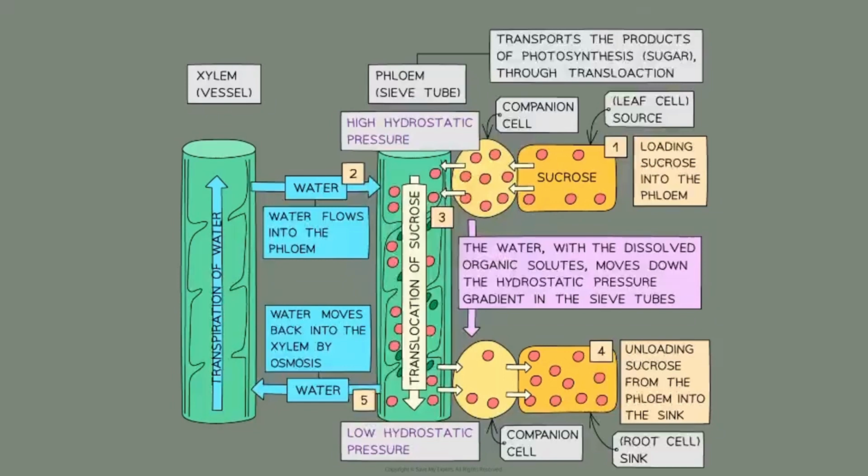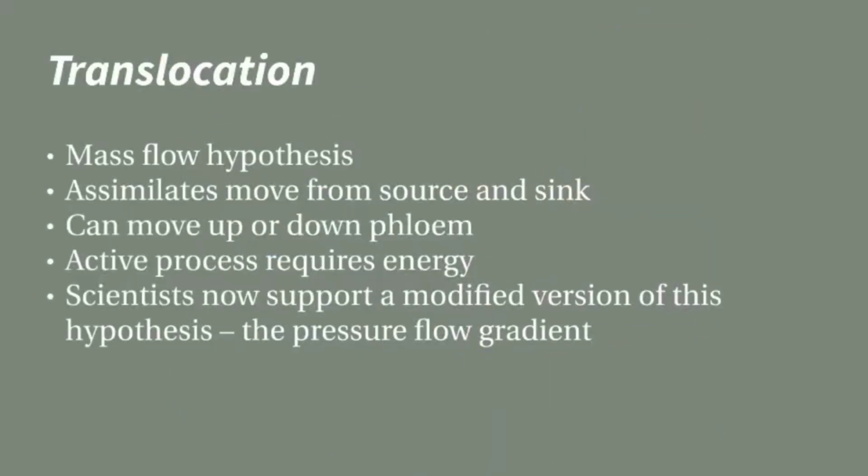This model was set up by Ernst Munch in 1913, and what he had was two partially permeable membranes containing solutions with different concentrations of ions. One was more concentrated than the other, and then these two membranes were placed in a chamber containing water and were connected via a passageway, so they were connected by a tube.